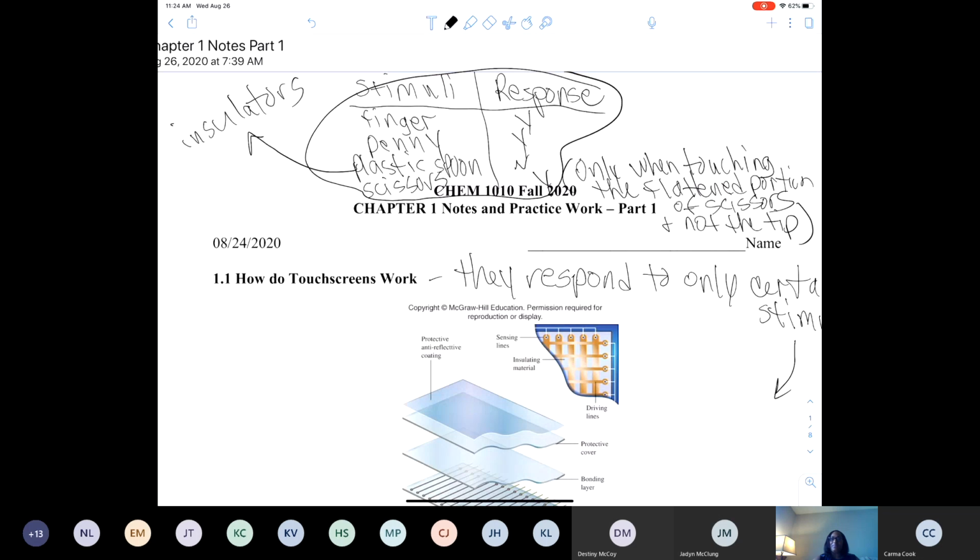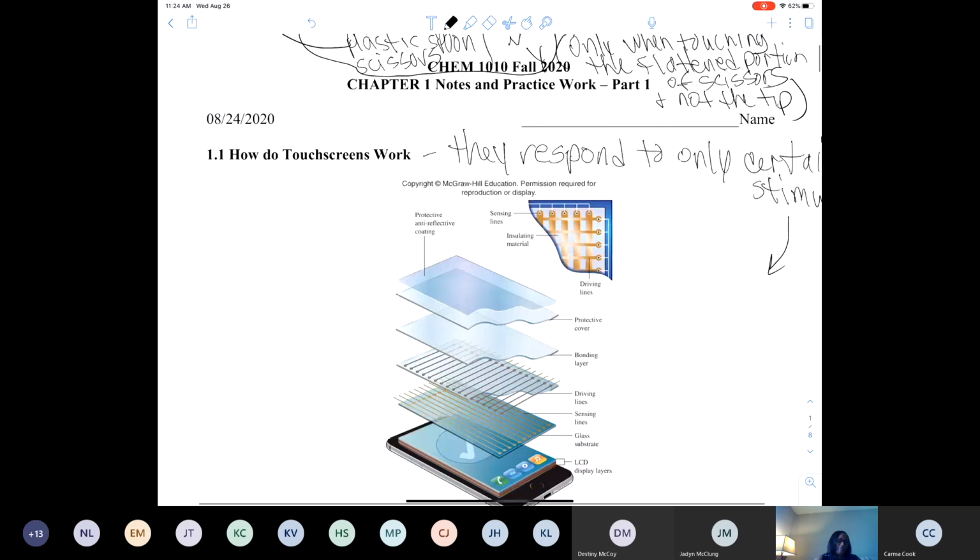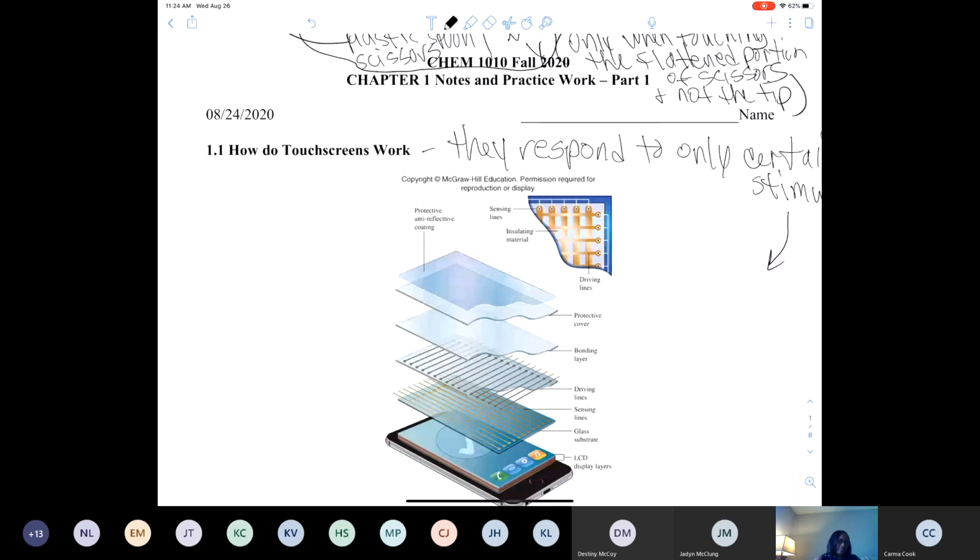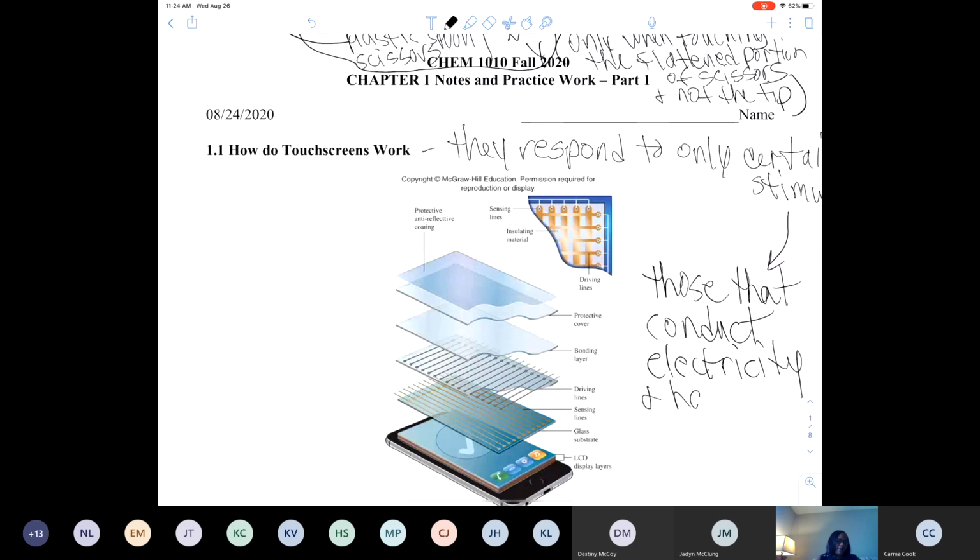Very good. Very good test. It senses larger items that have a similar width or diameter of your finger. And so we've answered that question. Only those that conduct electricity and have surface area similar to your finger.